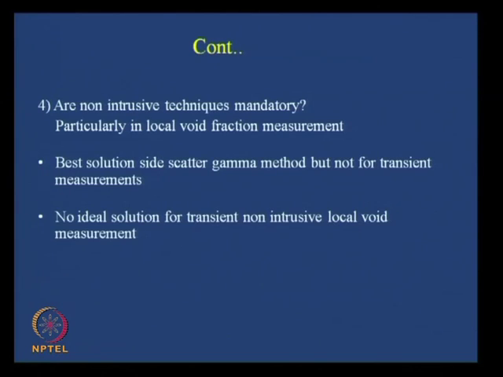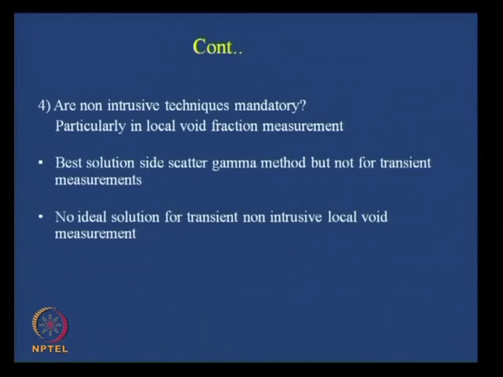Your side scatter gamma technique, where some amount of gamma radiation is scattered, and the scattered beam is recorded by a detector. Again remember, this cannot be done for transient measurements, it requires a long counting time. Remember one thing which is very important: if you want to measure the local void fraction by a non-intrusive technique and it is transient, there is no ideal solution. This is very important, no ideal solution for transient non-intrusive local void fraction measurement.